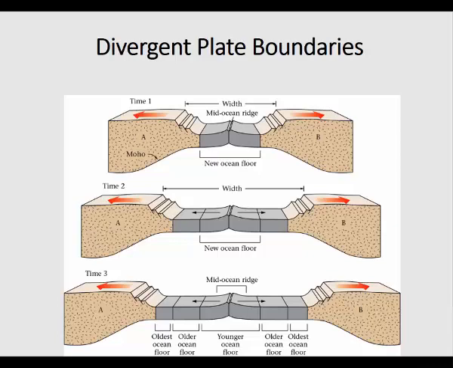So when Alfred Wegener was talking about continental drift or drifting continents, he didn't quite have the concept right, because they're not drifting. They're being pushed around by the divergence of plates along these seafloor spreading centers.